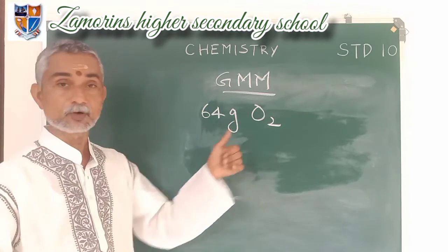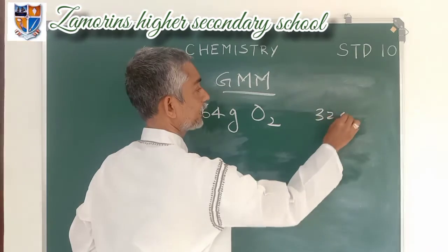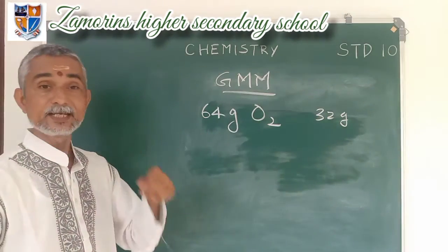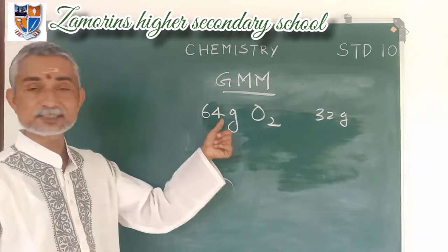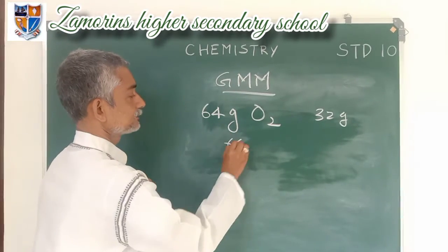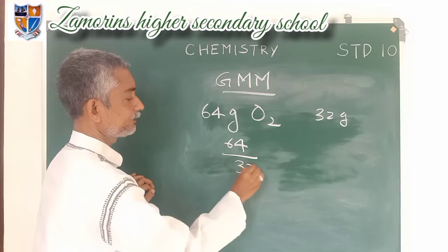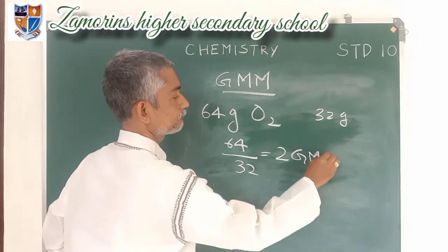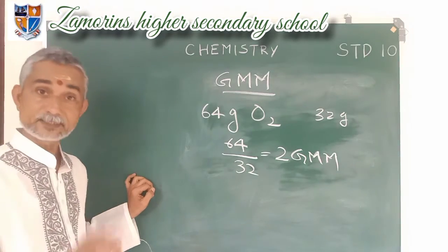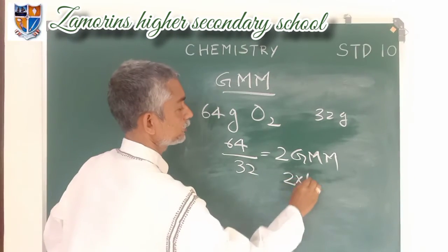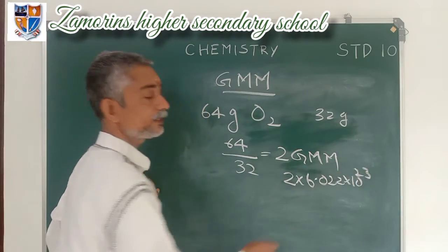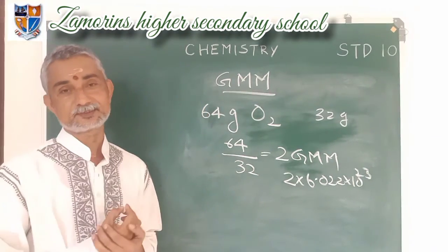So oxygen molecule means 32 gram. It is the molecular weight. So how many GMM are present in 64 gram? That is 64 divided by 32, that is equal to 2 GMM, that is equal to 2 into 6.022 into 10 to the power of 23 molecules.